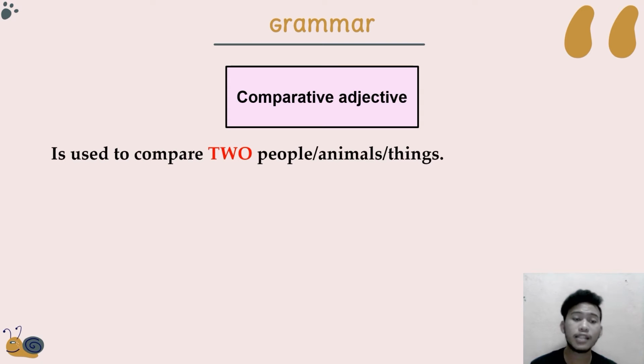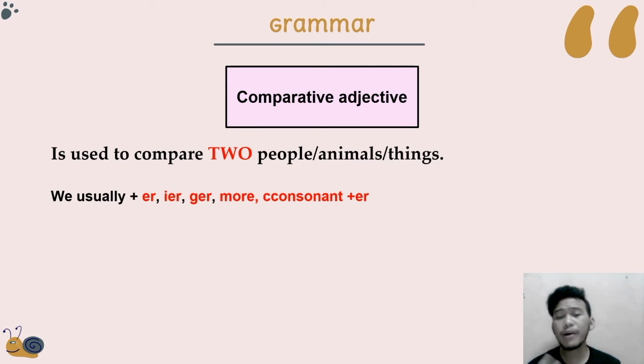Comparative adjective is used to compare two people or animals or things. In general, comparative adjective is something we use when we want to compare this thing and another. Yes, compare. Compare means perbandingan.